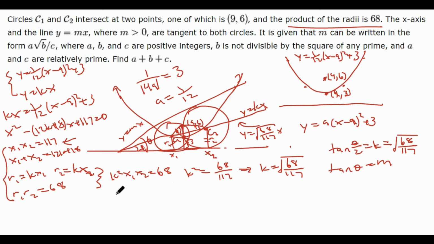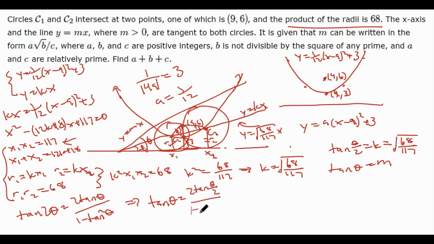Now, by using the double angle identity for tan, which is tangent of 2 theta equals 2 tangent theta over 1 minus tangent squared theta, we can find tangent theta in terms of tangent theta over 2. This is just tangent theta equals 2 tangent theta over 2 over 1 minus tangent squared theta over 2.